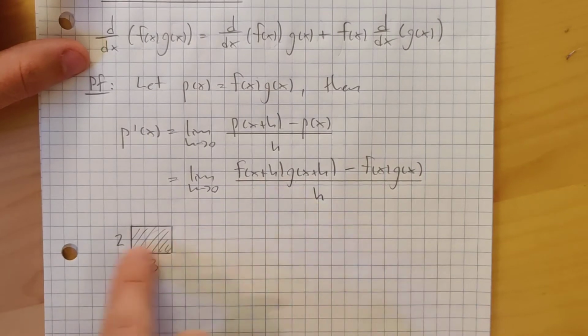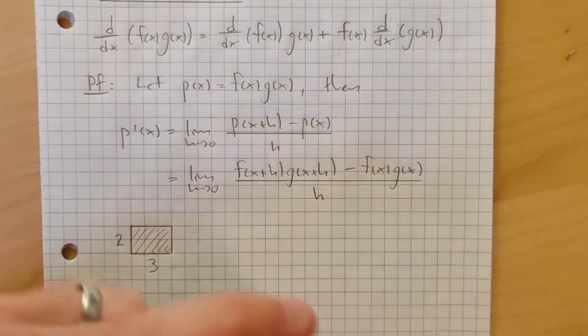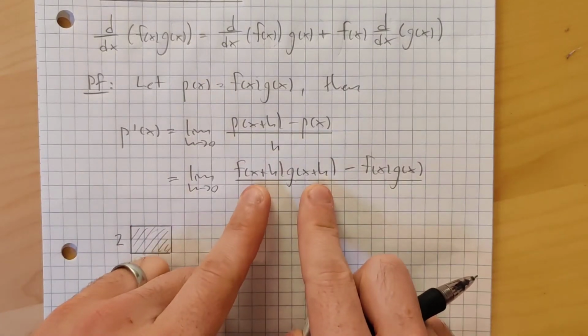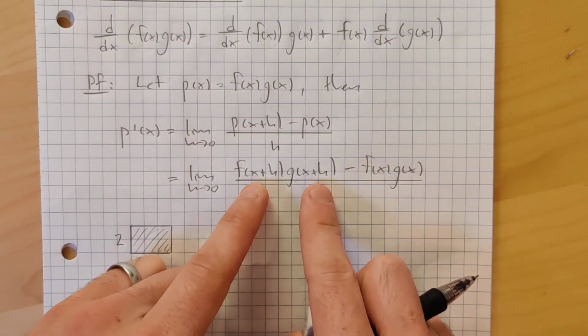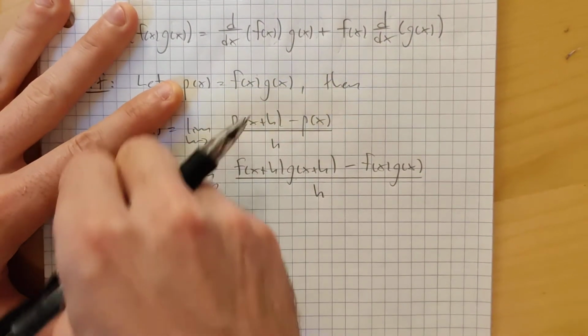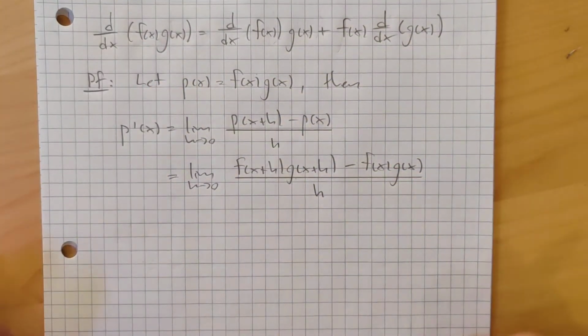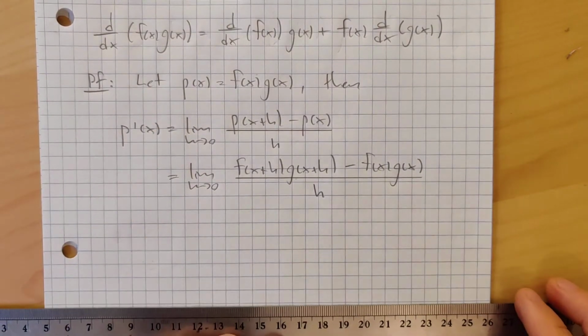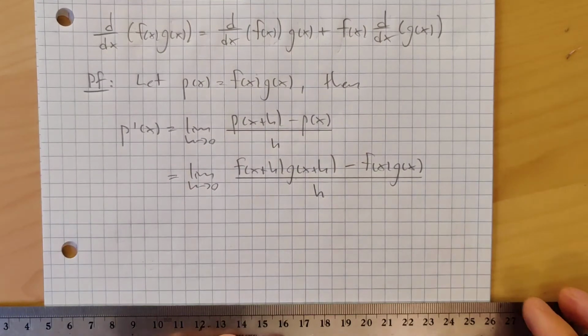So let's draw a product of f and g as an area, and let's draw the product of f of x plus h and g of x plus h as an area. So watch this. Imagine that f of x is some real number, and f eats that real number and spits out something else.